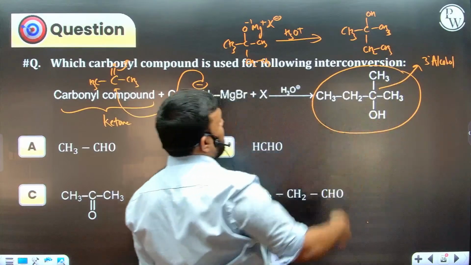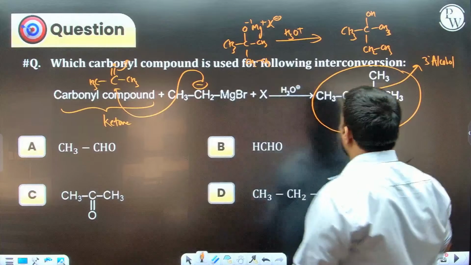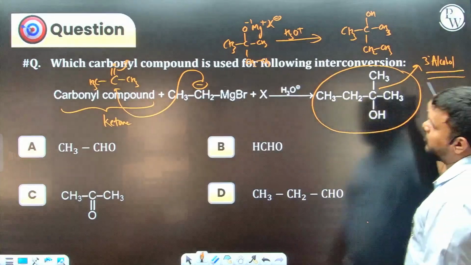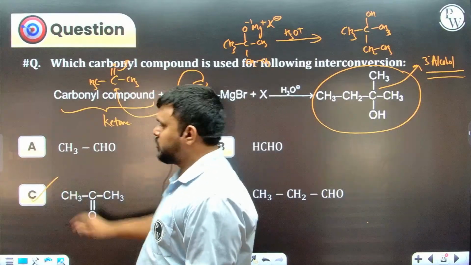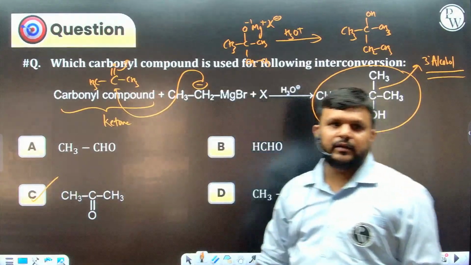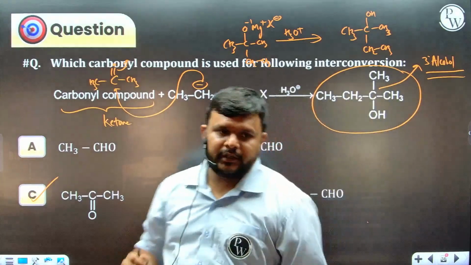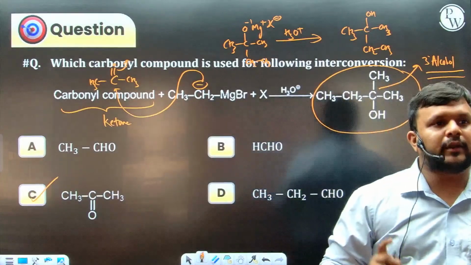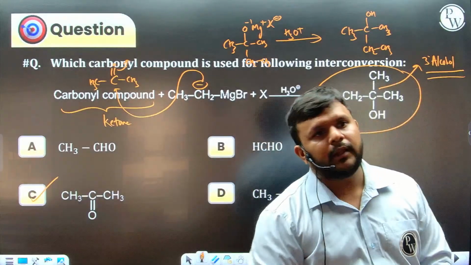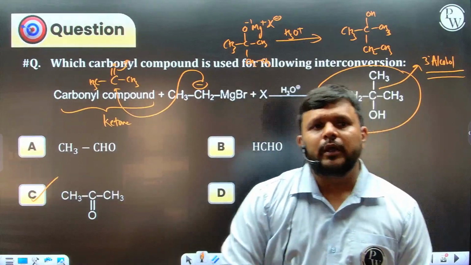So this is the same product we are getting. Definitely, by looking at a 3 degree alcohol, you should already think that the reactant should be a ketone, because for preparation of 3 degree alcohol we have to react with a ketone.